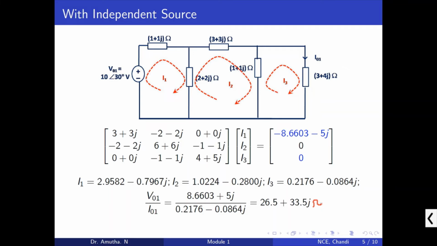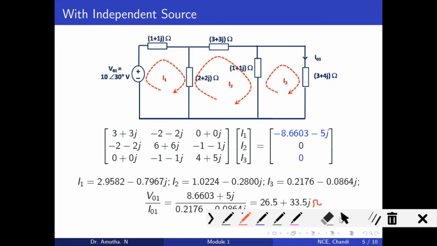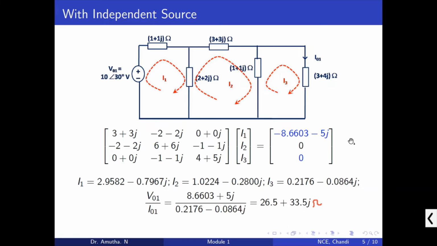Okay. Now we are trying to interchange this one, right? We are going to interchange this voltage source over to this branch. How can we do it? First we have to short circuit it. After that we can interchange.